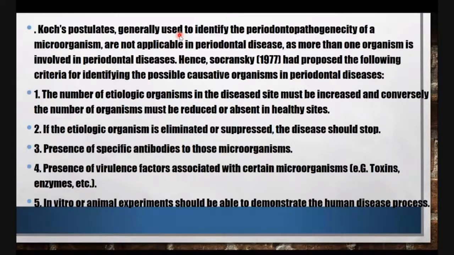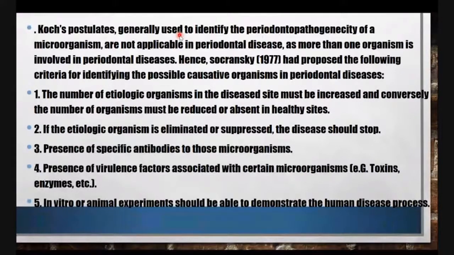يعني المنطقة اللي بيها inflammation إذا بيها مايكرو organisms عددها عالي والمنطقة الهيلثي ما بيها أو بيها عدد قليل، فمعناها انه الكوزيتيف فاكتور مالتنا او الايتيولوجيكال اورجانيزم هو هذا المقصود. If the etiologic organism is eliminated or suppressed, the disease should stop. فنجي نستخدم material او antibiotic specific for that organism لازم نوقف بالdisease.